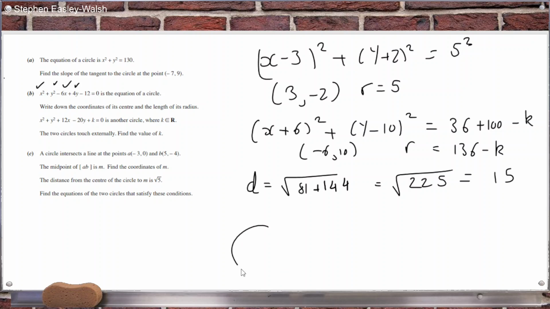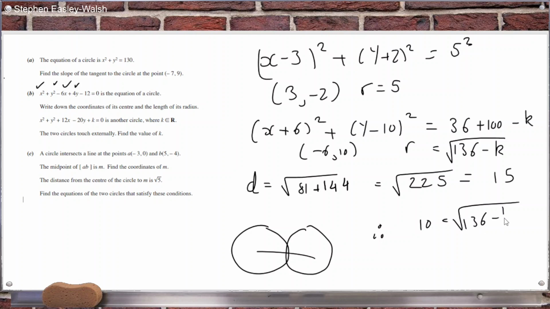So if they're touching, and the distance between them is 15, and one of them has a radius of 5, it means the other one has to have a radius of 10. And I just realized I forgot the square root there. So therefore, 10 has to equal the square root of 136 minus k, which means k is 36.